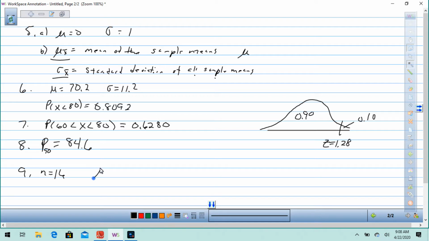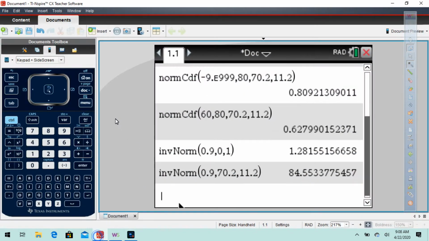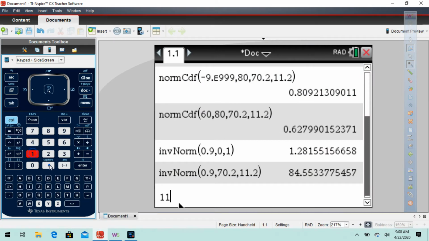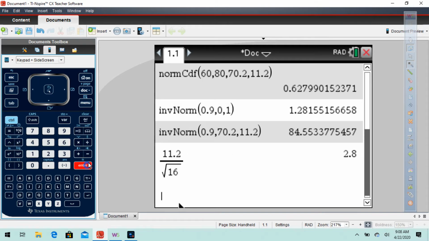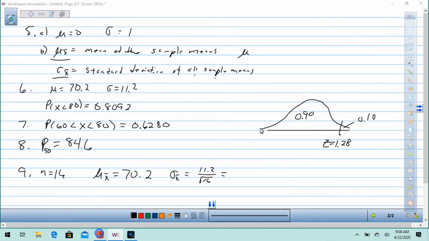The mean of X bar is going to be 70.2. The standard deviation of X bar is going to be 11.2 divided by the square root of 16. So 11.2 divided by the square root of 16, and we get 2.8.